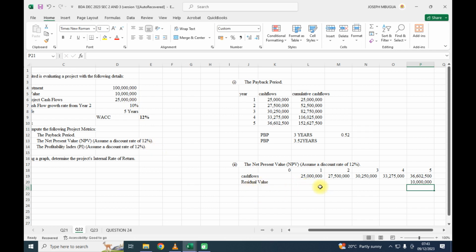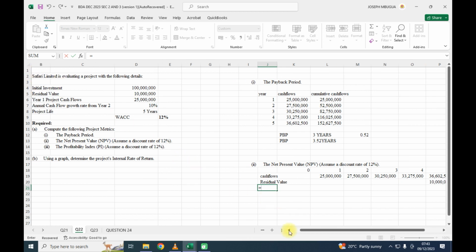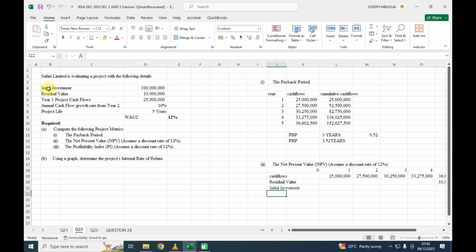You get your values here, our cash flow that we shall discount. So we have residue and we have the initial investment. The initial is for year 0.